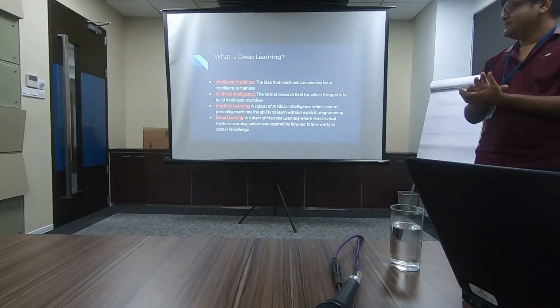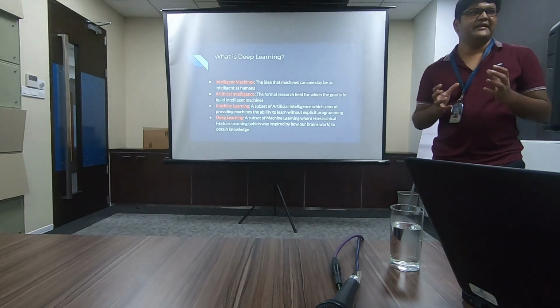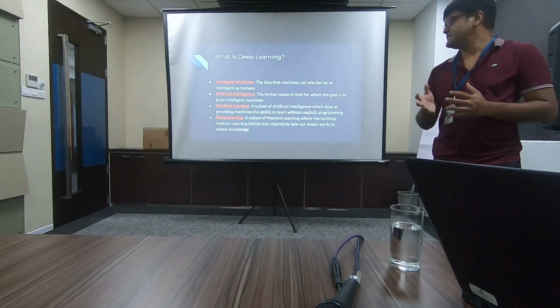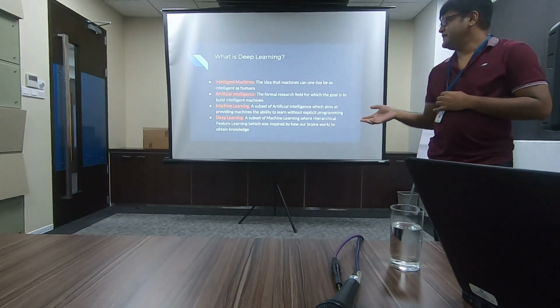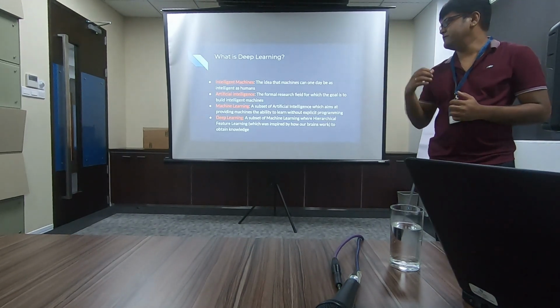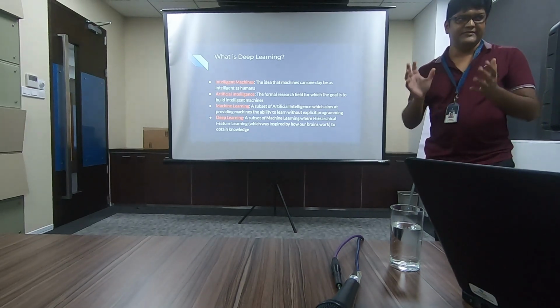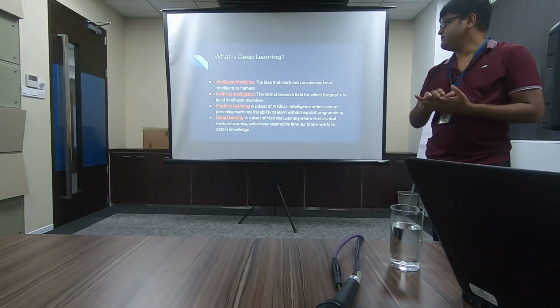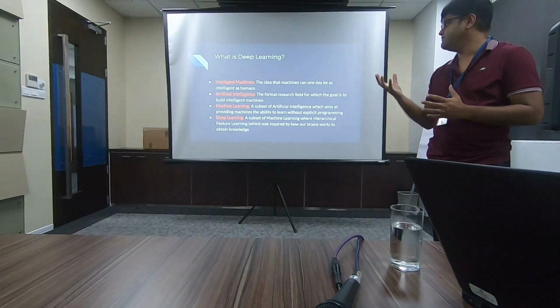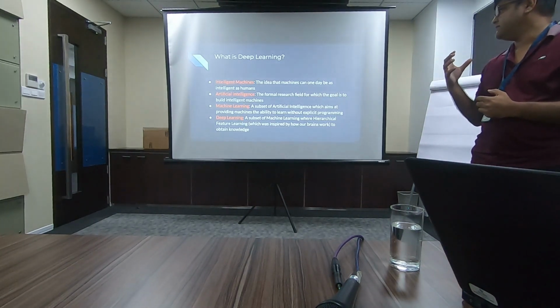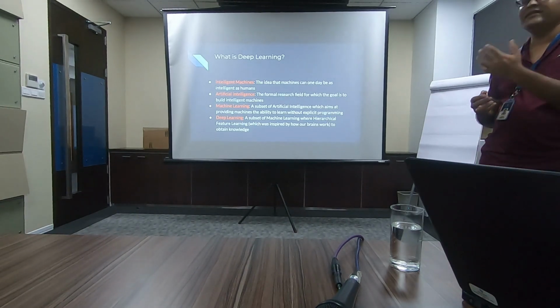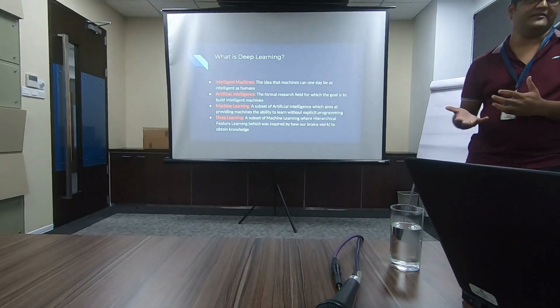So artificial intelligence has many different sub areas and branches and approaches that people have come up with over the years. One of them is called machine learning. Machine learning is of course a subset of AI, and what machine learning does is it aims to provide machines with the ability to learn by themselves.